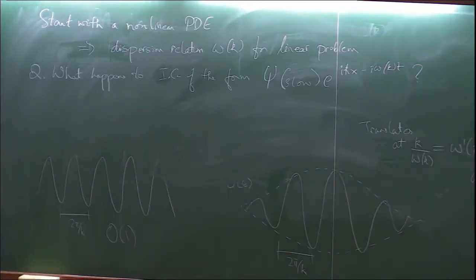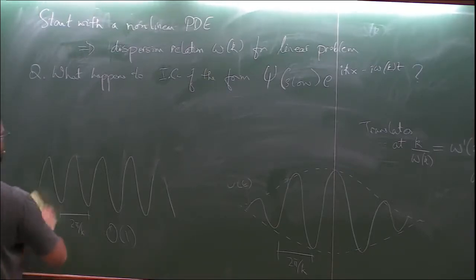So suppose that's the question you ask. I start with a single Fourier mode, I slowly modulate it, and I want to know how the slow modulation should change, which is to say, which PDE should the slow modulation satisfy. So we separate this into some cases.